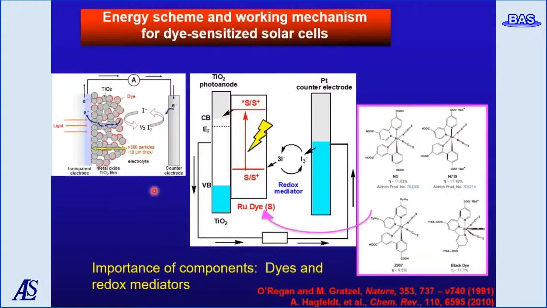At the counter electrode side, iodine is reduced to iodide ions, and the electron cycle is closed. The key point is the photoelectron injection into titanium oxide. Therefore, the excited state redox potential of the ruthenium complex and the titanium oxide conduction band energy play an important role.